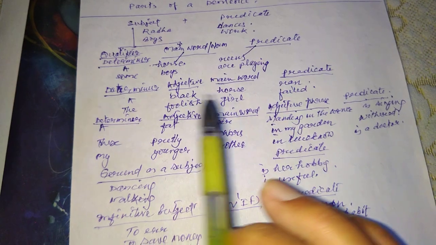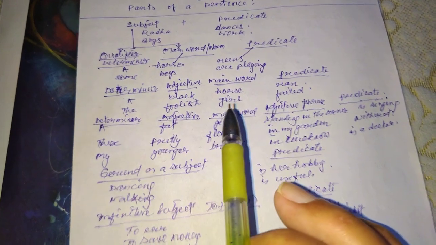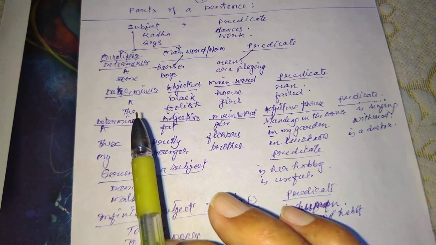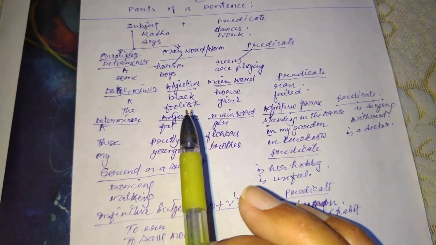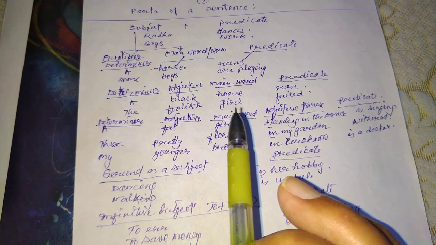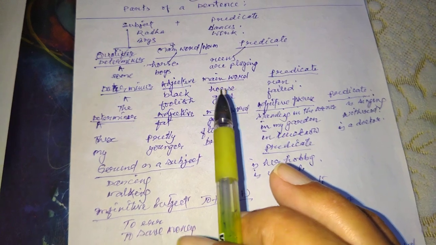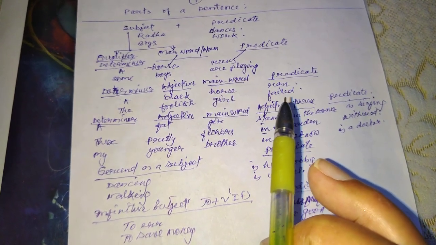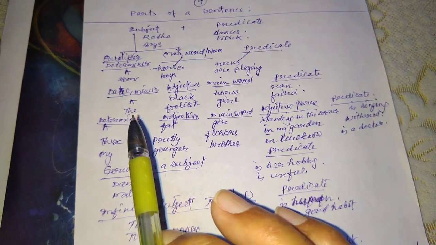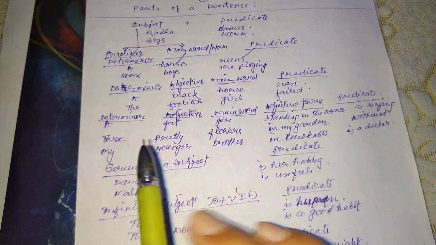Predicate is ran. Another example: the foolish girl failed. The is the determiner here, foolish is the adjective, girl is the main word of the subject, and the predicate is failed. फेल हो गई. मूर्ख लड़की फेल हो गई.